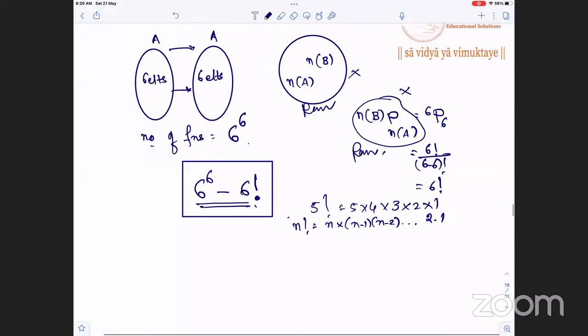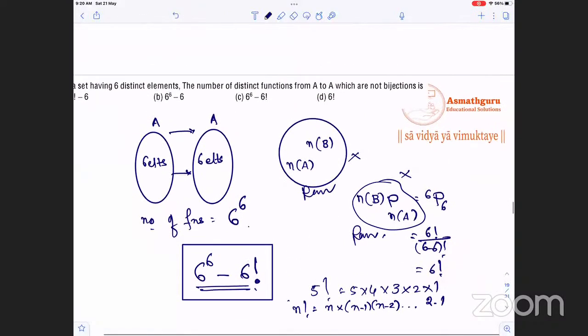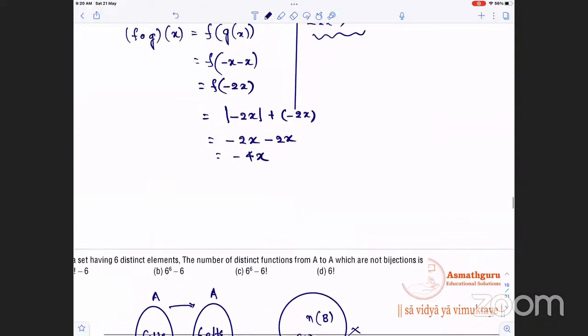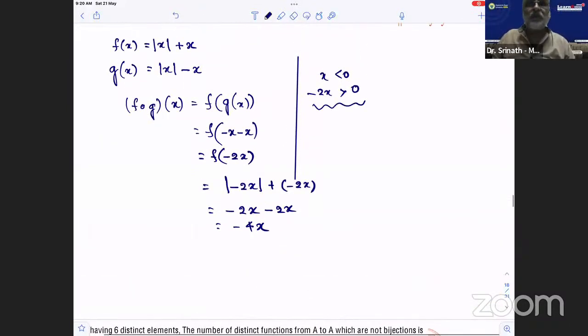Sir, there's another question. Modulus of negative number will be positive number, na sir? By Ashwini Sajan. Correct, very good. See, modulus of a number is the numerical value. For example, if x is less than 0, minus x will be greater than 0. If x is less than 0, minus 2x will be greater than 0.